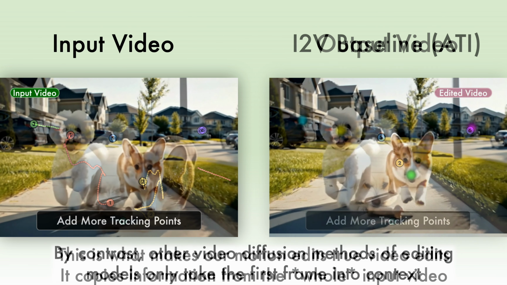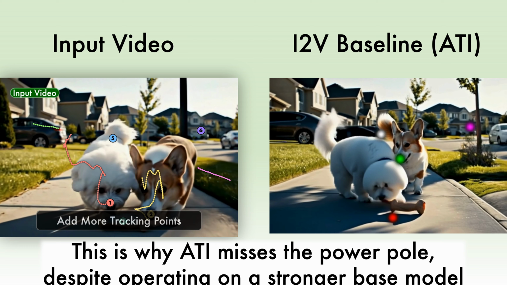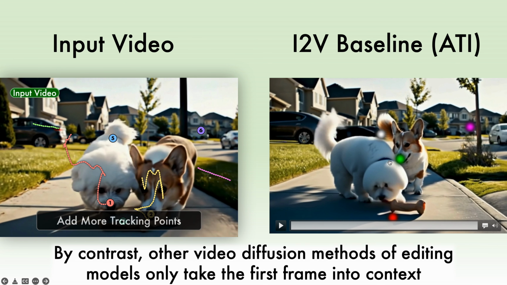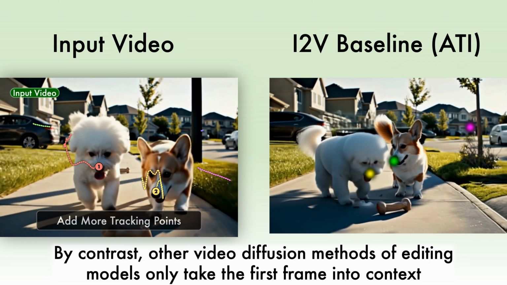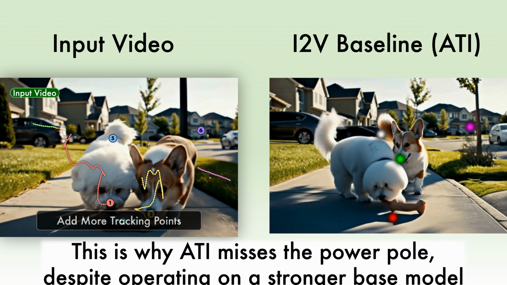By contrast, our baselines, which are based on image to video plus motion control, are not able to do this. This power pole and that shadow are nowhere to be seen. And despite the quality looking generally worse, this is something that I think is important to point out because it's a fundamental limitation of that method.